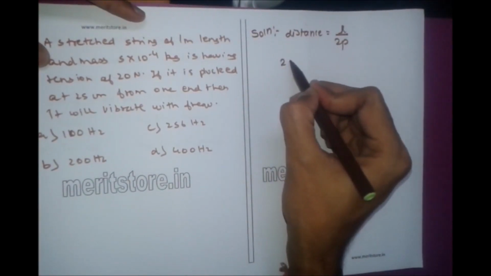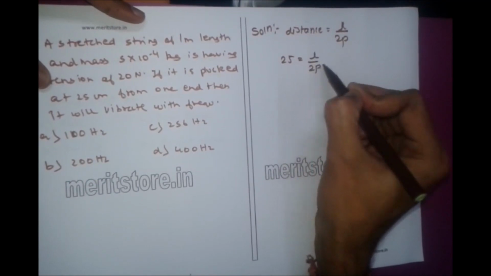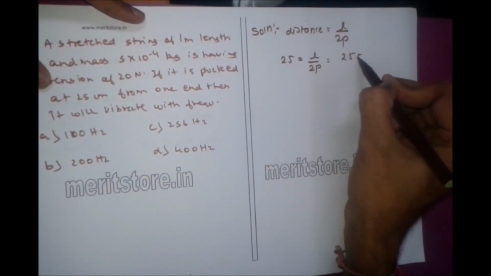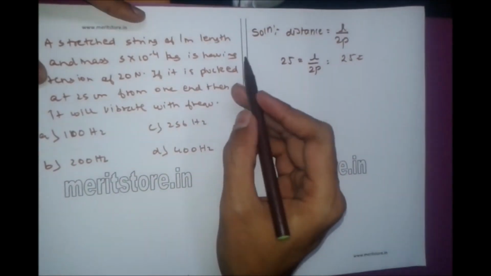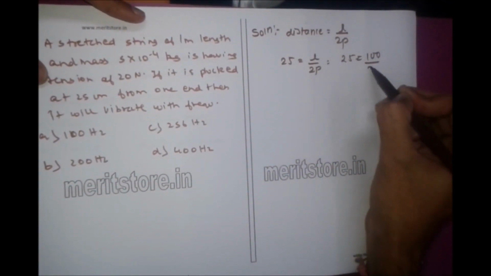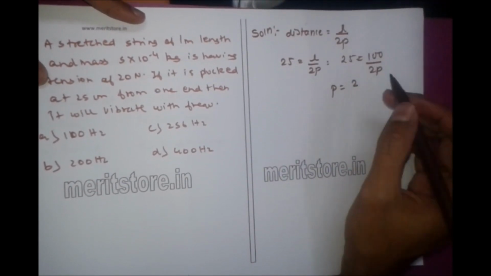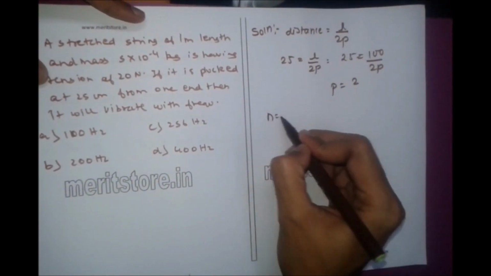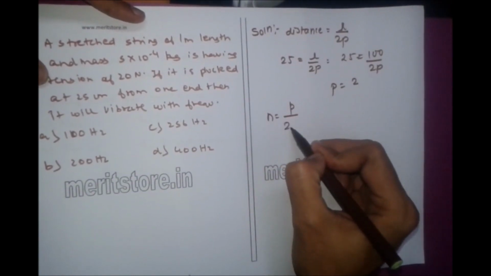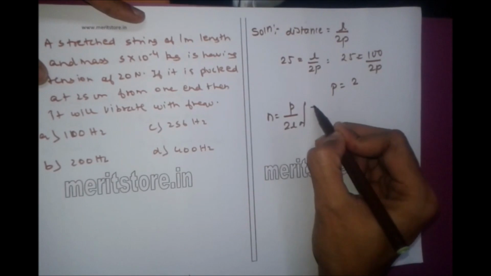So we have 25 centimeters as the distance from one end, which is L upon 2p, where 25 is equal to L upon 2p, and the length is 1 meter. So we get 100 upon 2p. So the value for p comes out to be 2. Hence now the frequency of the vibration is n, for which the formula is p upon 2l under root T upon m.